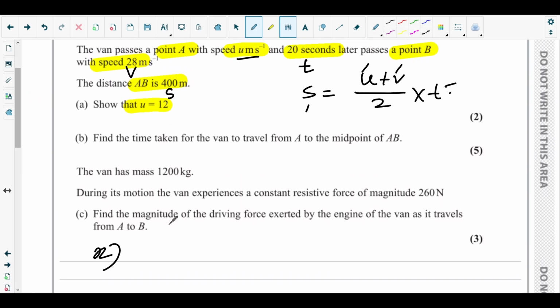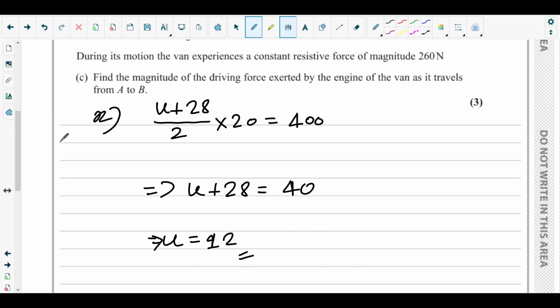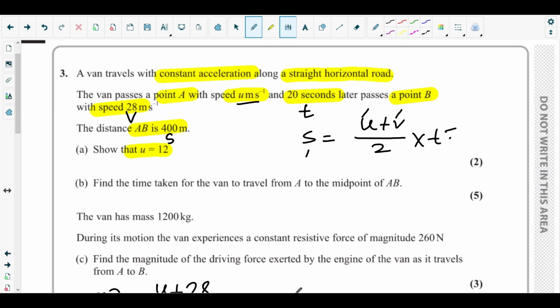U plus v is u plus 28, over 2, times t, and t is given as 20 seconds. This equals 400 meters. So 20 over 2 is 10. So u plus 28 equals 400 over 10, that is 40. So u equals 12. It has been shown.